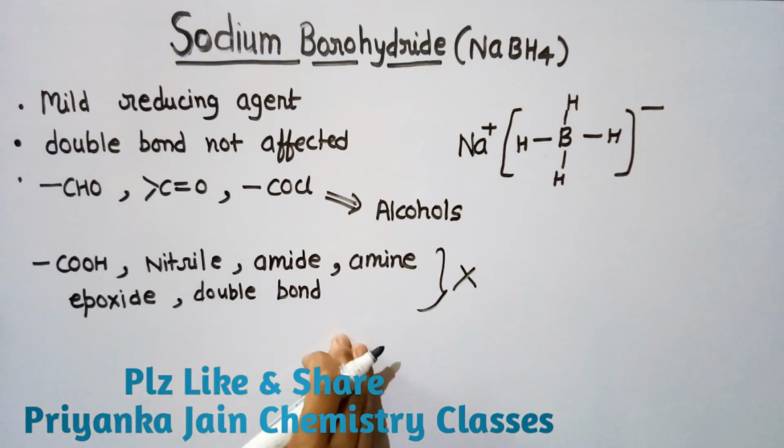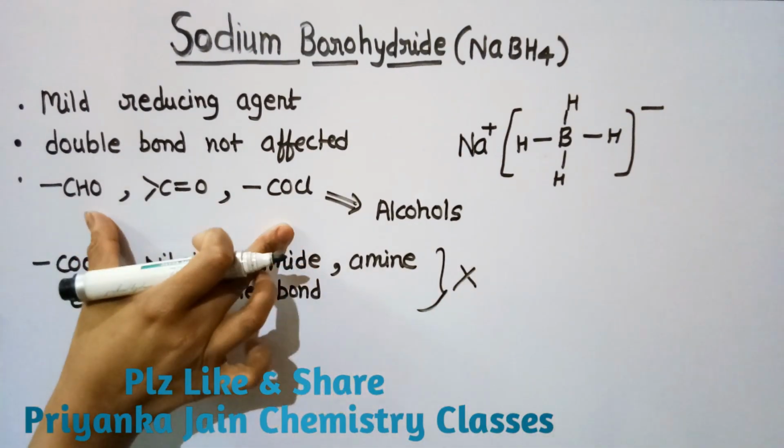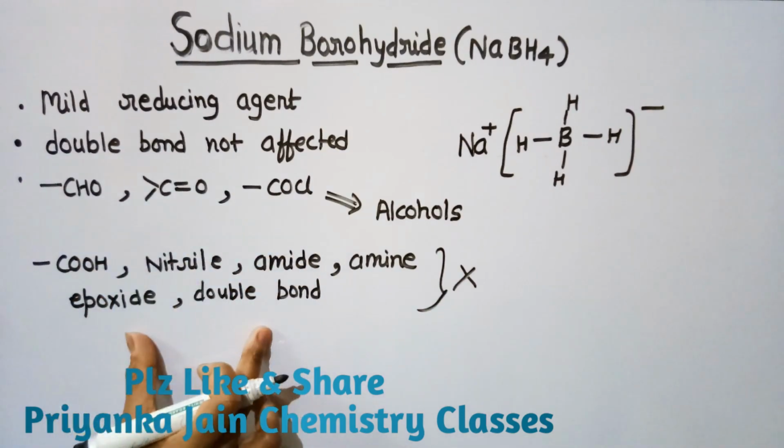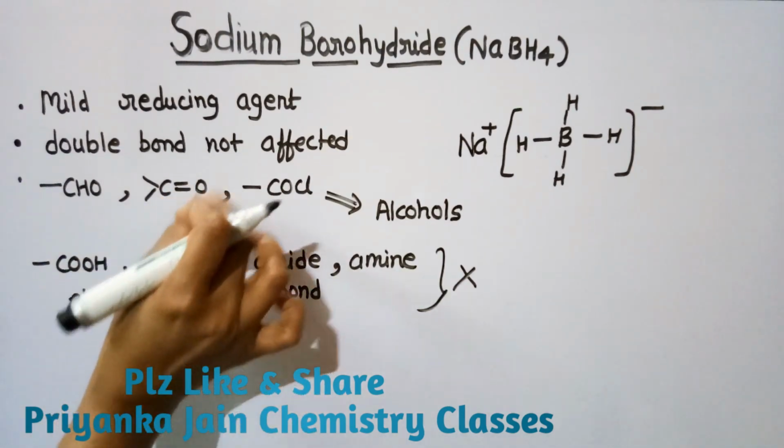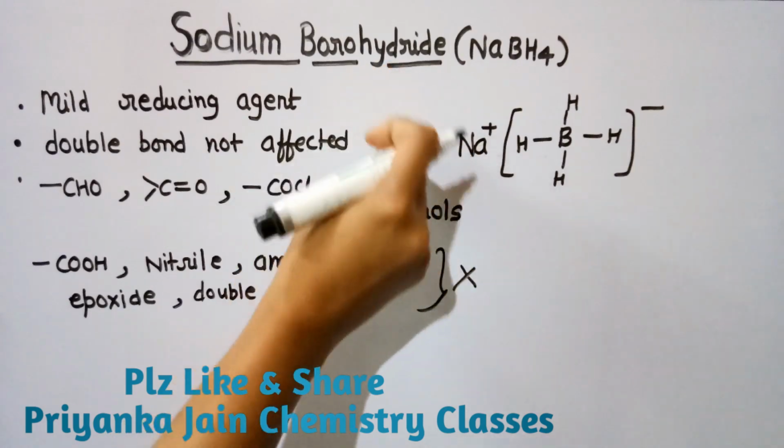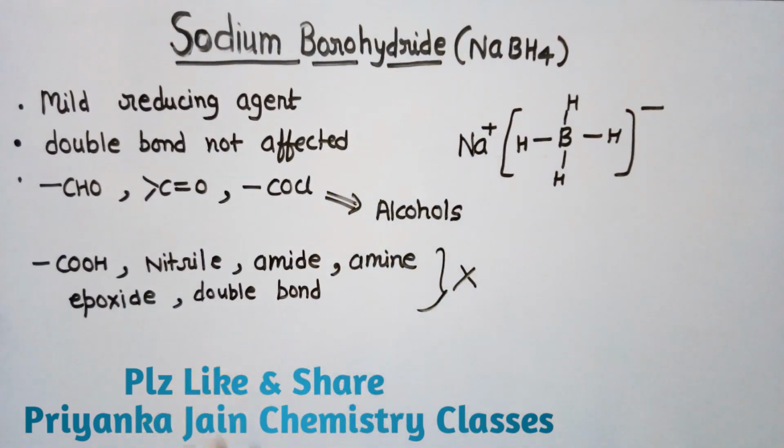It will not reduce all of them. It will selectively reduce the carbonyl groups in the presence of these functional groups. This is the specialty of sodium borohydride. So we use this for selective reduction.